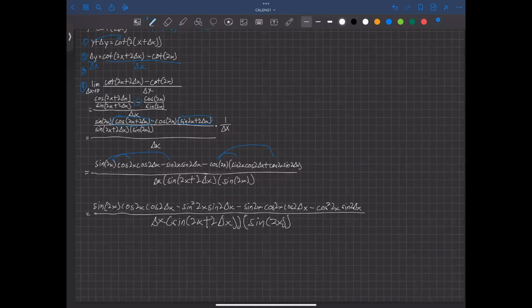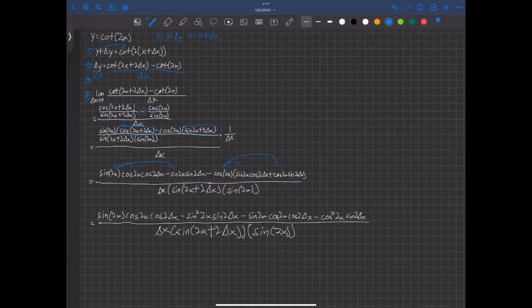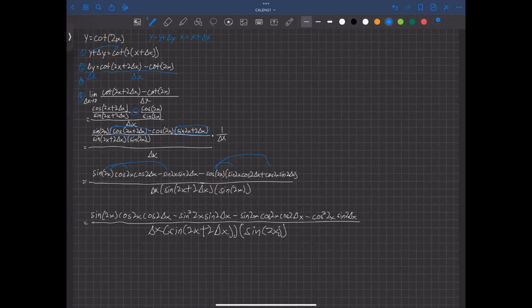Next, we just have to combine like terms, and you can see that sine 2x cos 2x cos 2 delta x and negative sine 2x cos 2x cos 2 delta x cancel.